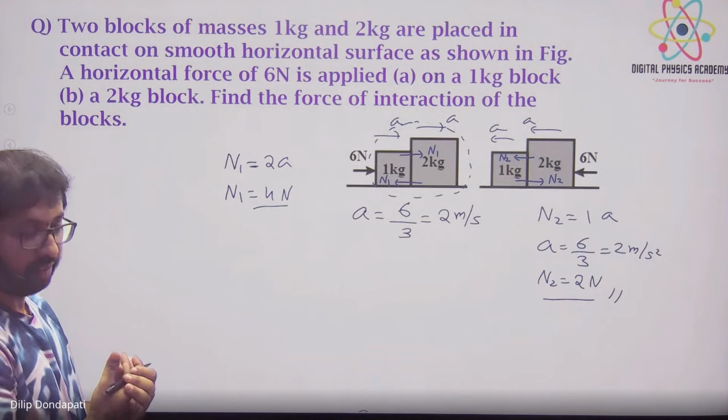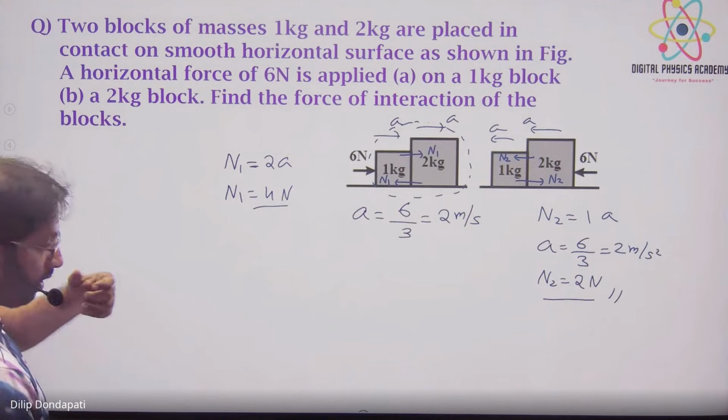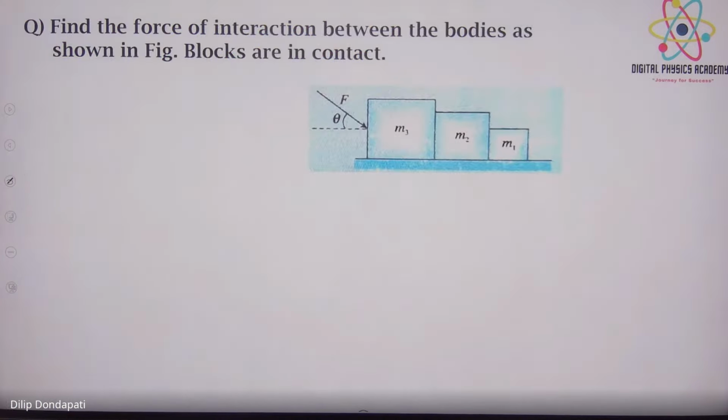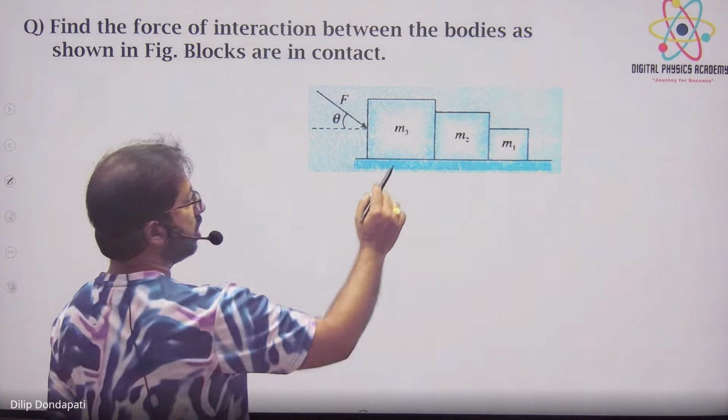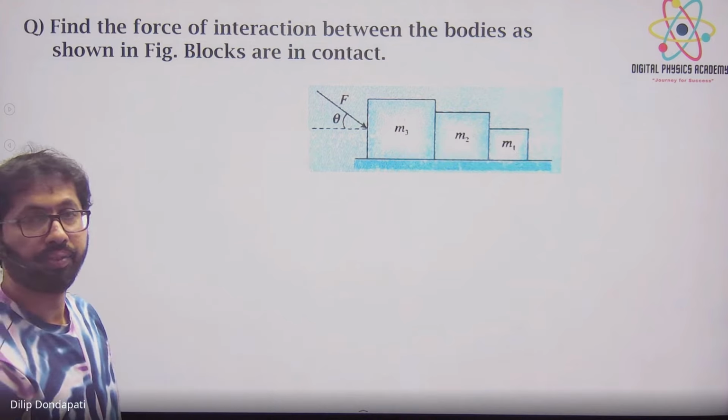Understanding, everybody? Okay, now solve. This is the simple way. Find the force of interaction between the bodies as shown. Force of interaction is nothing but the normal action we have to find.